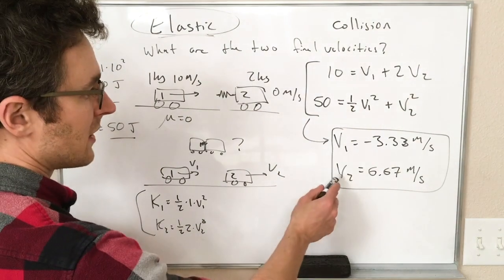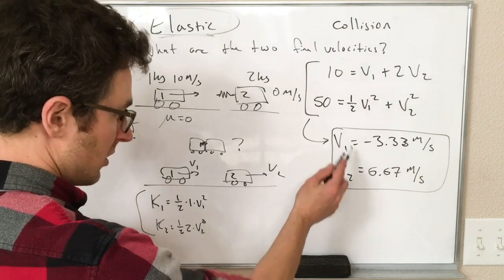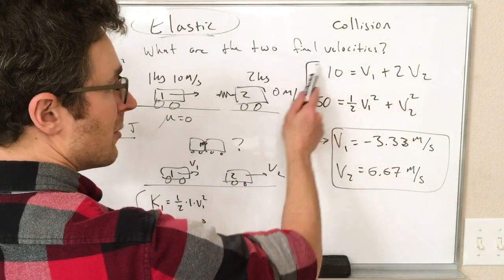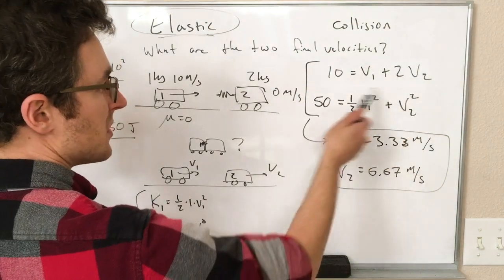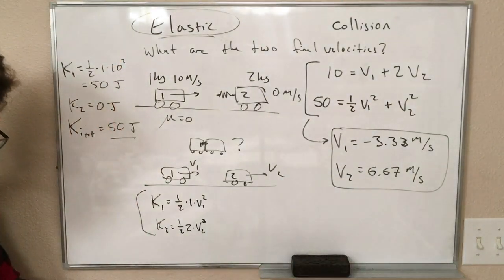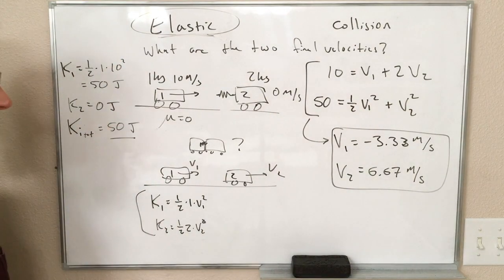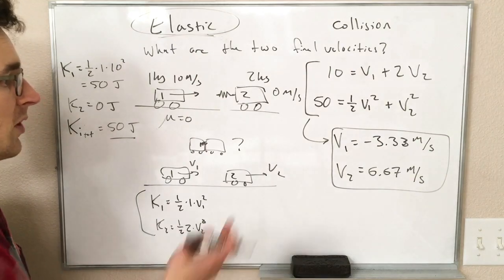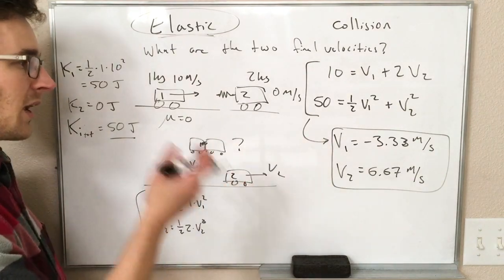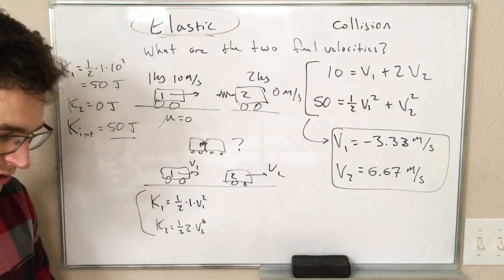We can plug these numbers back in and show that this solution satisfies our first momentum conservation equation, and it satisfies our second energy conservation equation. We're not going to worry about that now, but if you want to check, you can see that this solution does have the same amount of momentum and the same amount of energy that it's supposed to.